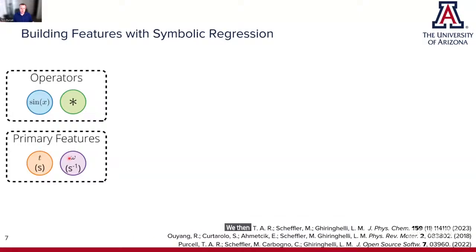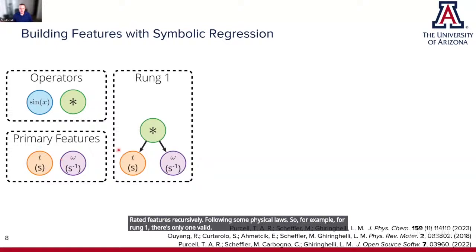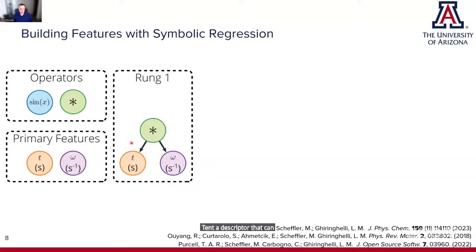We then start applying the operators onto the primary features and previously generated features recursively following some physical law. So for example, for rung 1, there's only one valid candidate descriptor that can be generated from this, namely the multiplication of this time and frequency term.